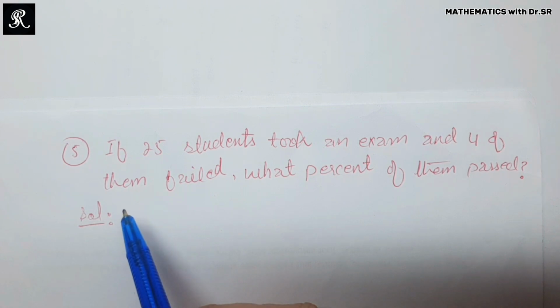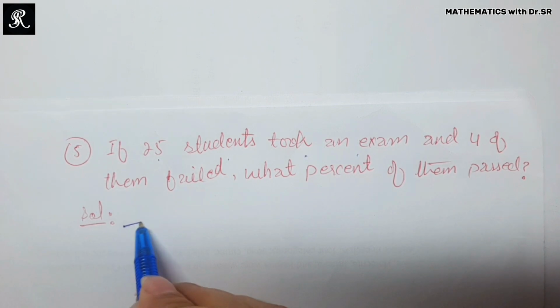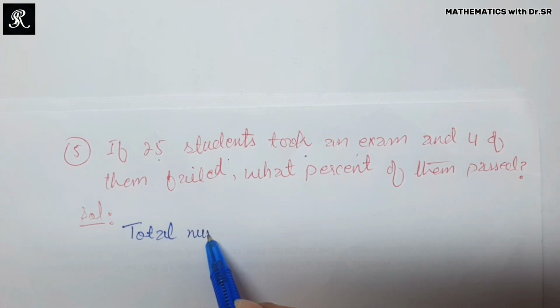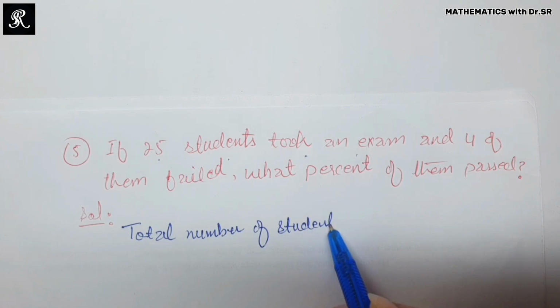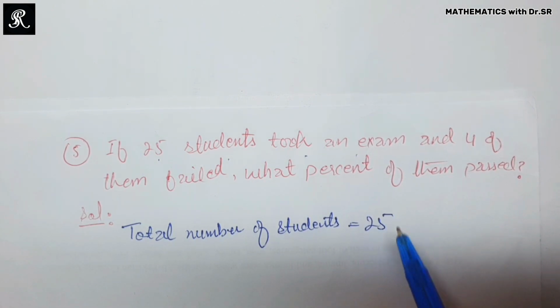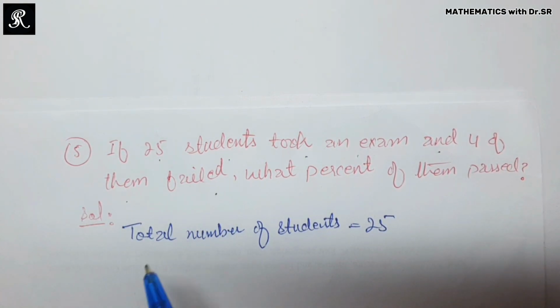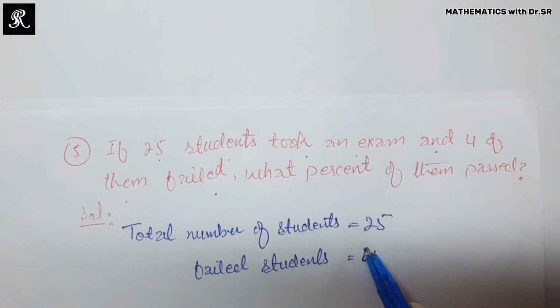Now we know that 25 students took an exam, so the total number of students is 25 and 4 of them failed. So the number of failed students is four.